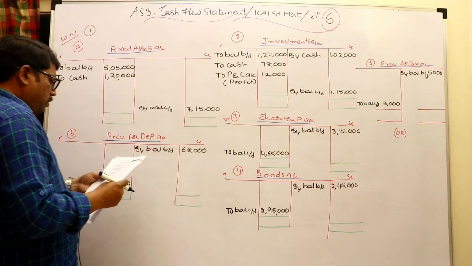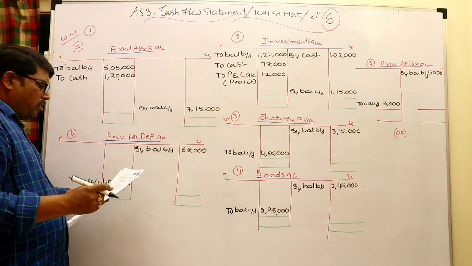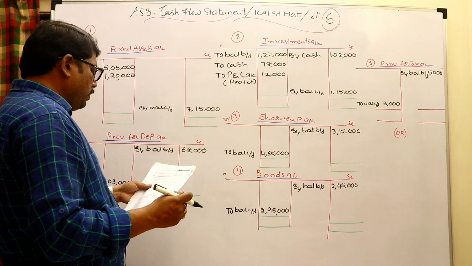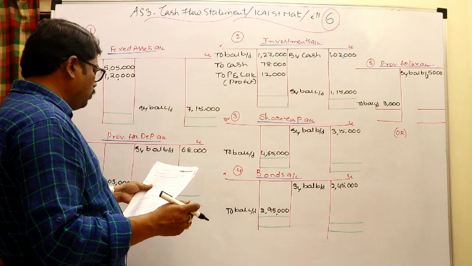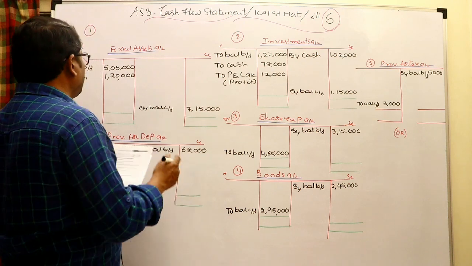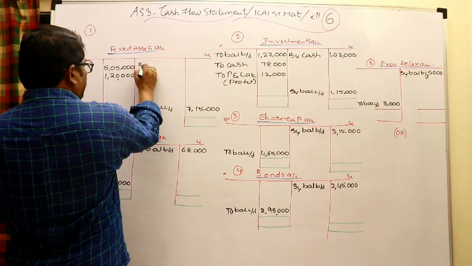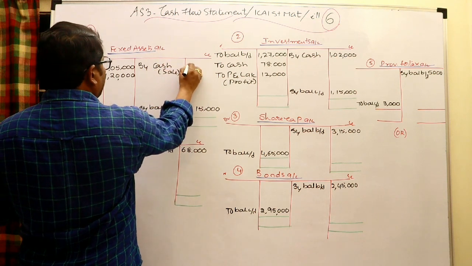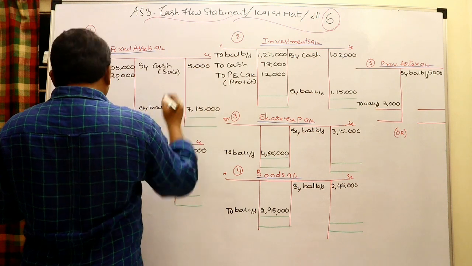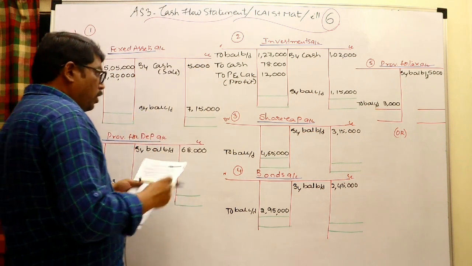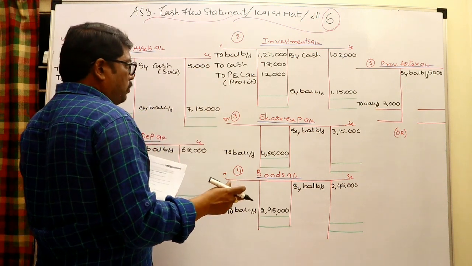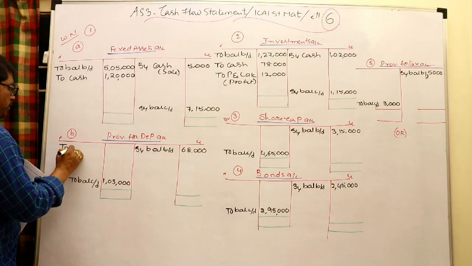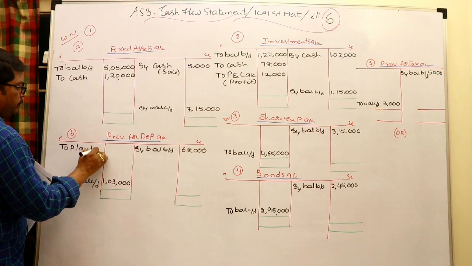Sale of plant: cost 10,000 rupees with accumulated depreciation 2,000, which makes written down value 8,000, sold at 5,000. When an asset is sold, the entry is cash or bank to asset, by cash within bracket sale 5,000, and accumulated depreciation should be transferred to the asset account. In the provision for depreciation to asset account, which means to plant account 2,000.